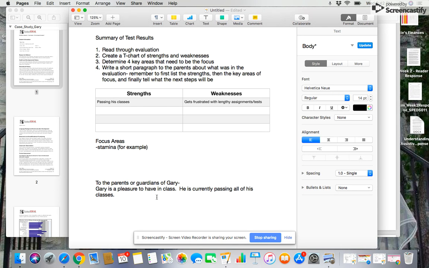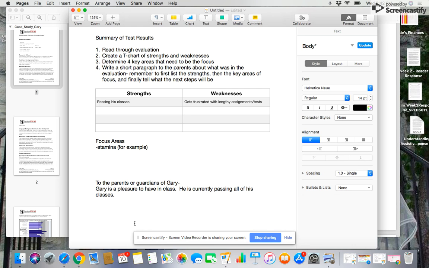Then you're going to transition into the weaknesses. You're going to list those focus areas that you had listed above, and you're going to connect it to a test. You always want to connect it to data, making sure you have something to back up why you're saying that's a weakness. So you would list that next. And then finally, you're going to have a transition sentence telling what the next steps would be.